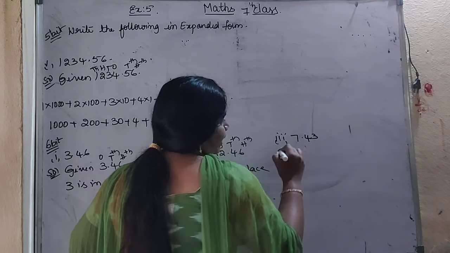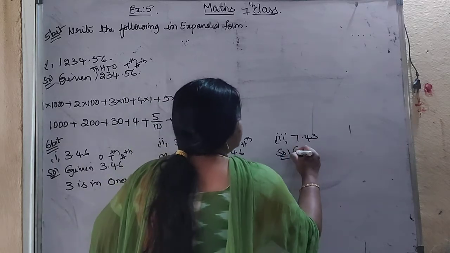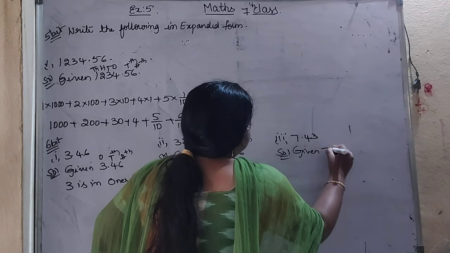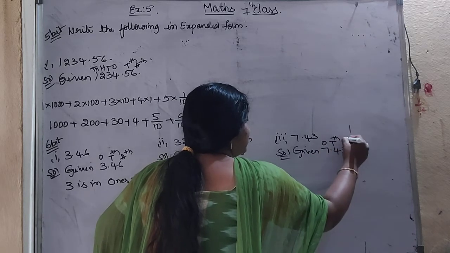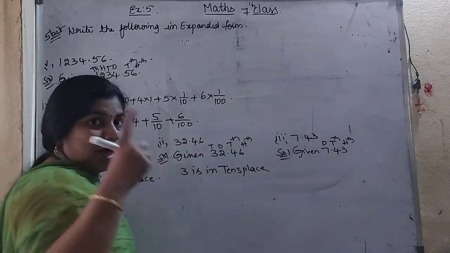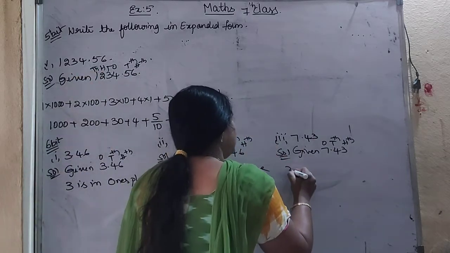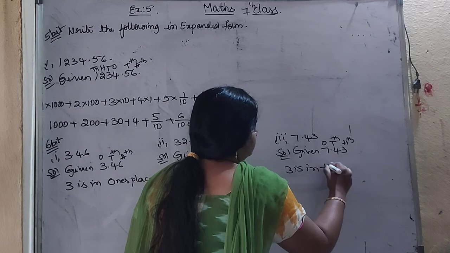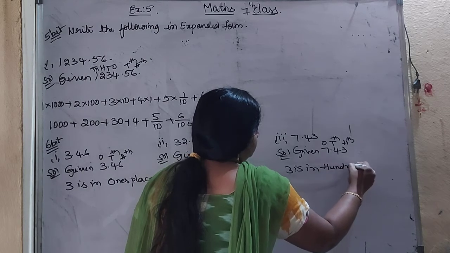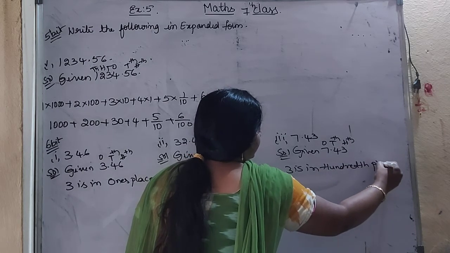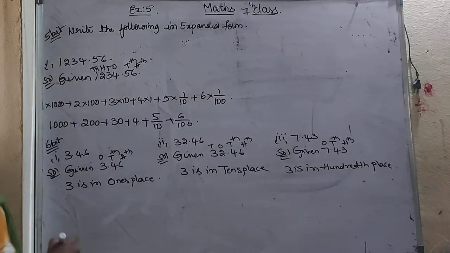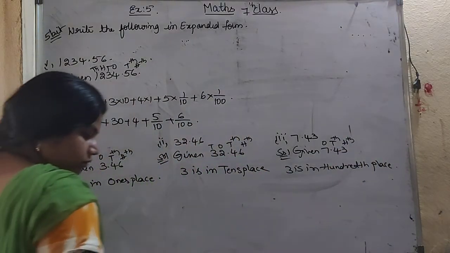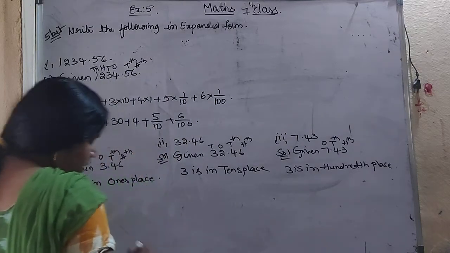Again we have to write the place value of 3. So given 7.43, this is ones, tenth, and this is hundredth. Now 3 is in the hundredth place. So 3 is in hundredth place.